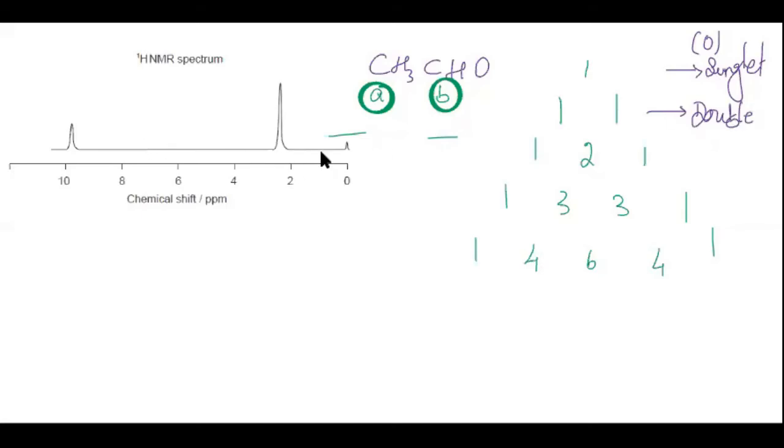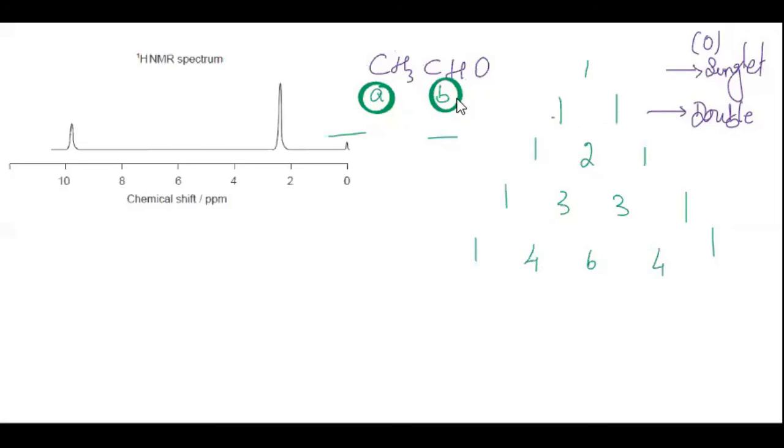If you're analyzing compound B, you can find that the CH3 has 1 hydrogen in its neighborhood, which is the hydrogen in the CHO part. I'll repeat. Environment A has a hydrogen in its neighborhood, which is in the CHO group. So CH3 will be split up into a doublet with the same peak height.